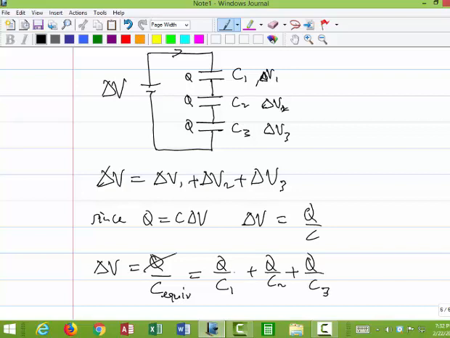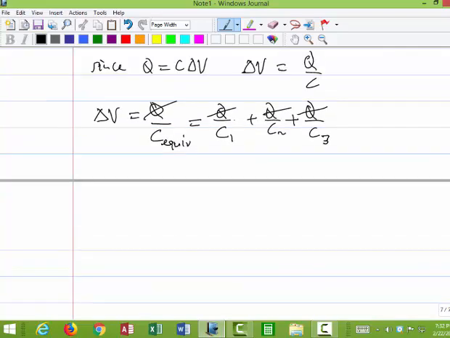You can cancel the Q's out, and we end up with the equivalent capacitance given by 1 over C equivalent equals 1 over C1 plus 1 over C2 plus 1 over C3.